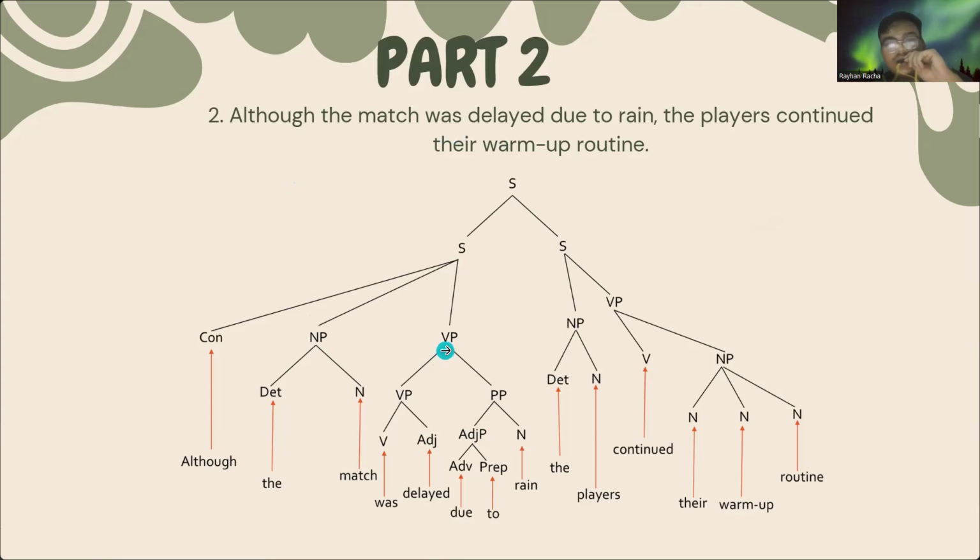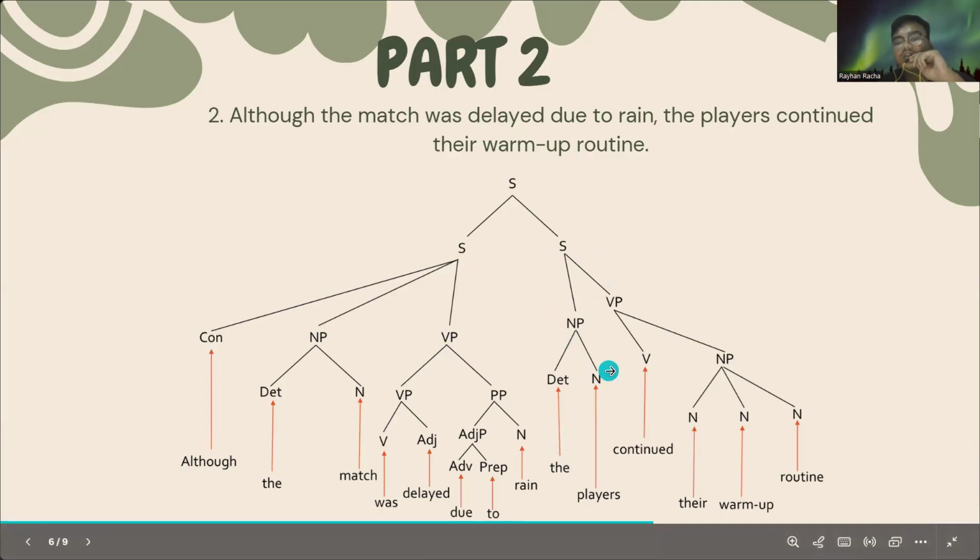We're moving on to the next sentence, which was "the player continued their warm-up routine". In the second sentence, we can divide it into two. The first is a noun phrase, which we know by the determiner, the word "the", and a noun, which was "player".